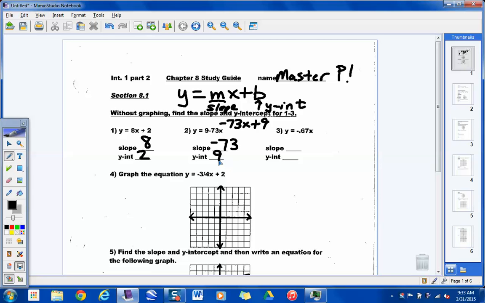This is like negative 0.67x plus what, kiddos? What's the slope then? Negative 0.67. And what's the intercept? 0. Okay. 6 easy points there tomorrow, right? 6 easy points right there. So you should make sure you know what you're doing there.